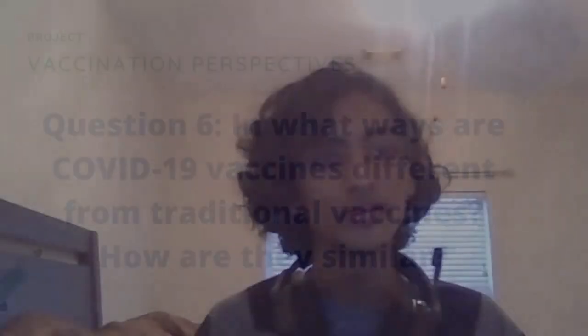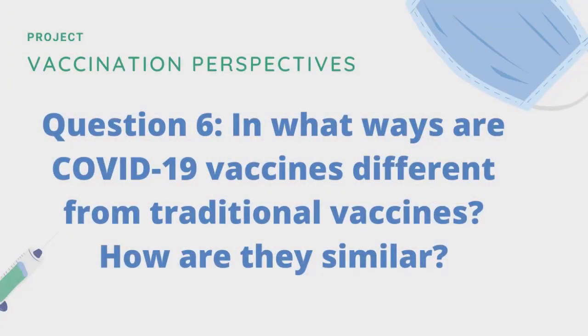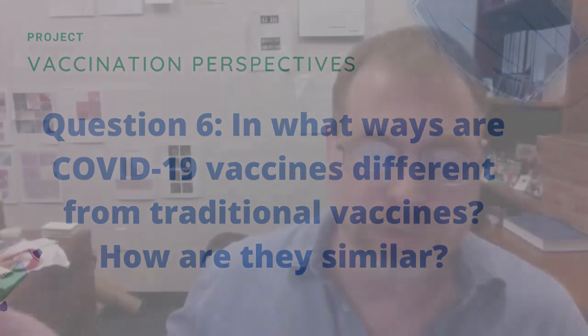What ways are the COVID-19 vaccines in any way different or similar from traditional vaccines? Yes. So I think they're enormously different. I mean, they're similar in that the immune system is the immune system is the immune system. When you present foreign proteins to the immune system, it makes protective responses.